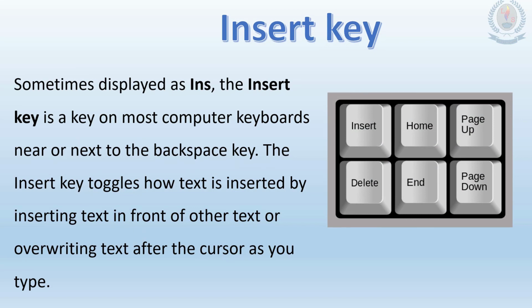Next is the insert key. The insert key is a key on most computer keyboards, near or next to the backspace key. The insert key toggles how text is inserted, either inserting text in front of all the other text, or overwriting text after the cursor as you type. It will decide where to insert the text, okay?